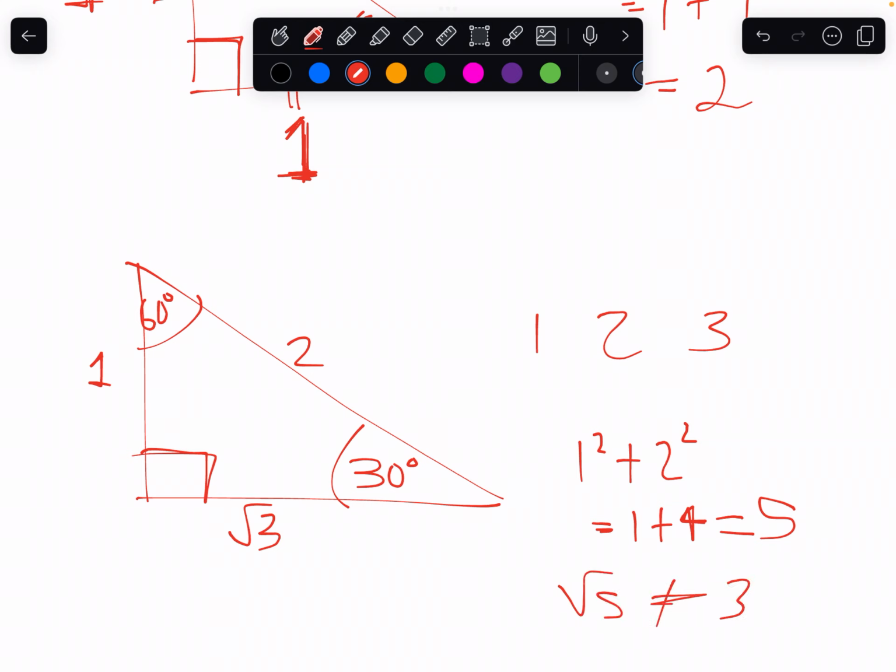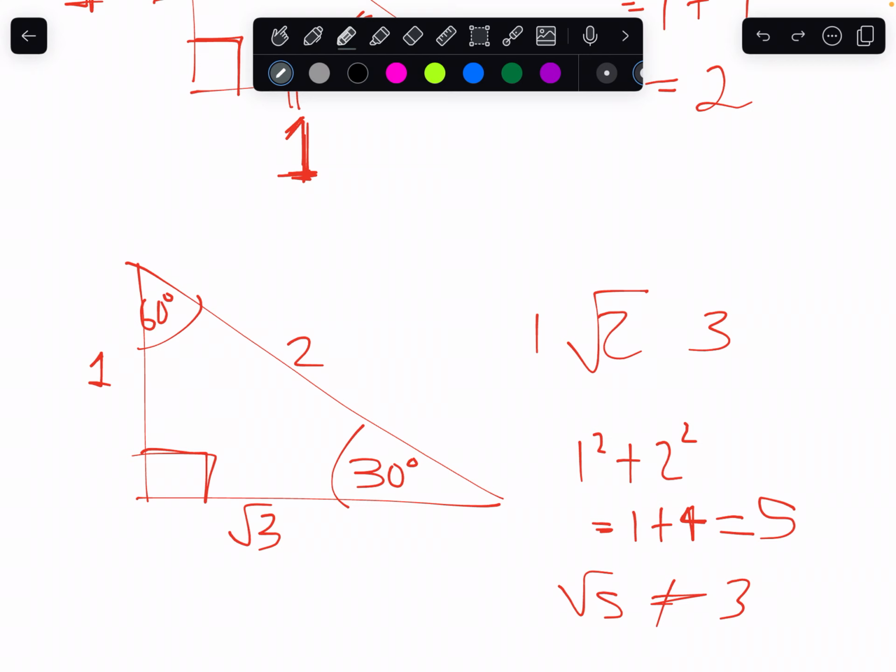So it can't be a situation where I have 1, 2, 3. Okay, so then that kind of reminds me that one of them has a square root, right? And it can't be the 2, right? Because square root of 2 is obviously smaller than 3, because 2 is smaller than 3.